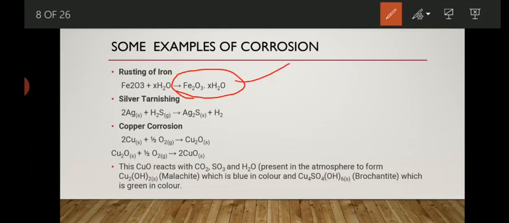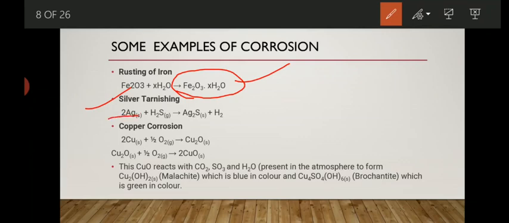This is because of the formation of ferric oxide compound along with the association of X molecules of water. So that is the most common example of corrosion. Second is tarnishing of silver. We always see that silver ornaments, after some period of time, turn black. So how exactly does it happen?